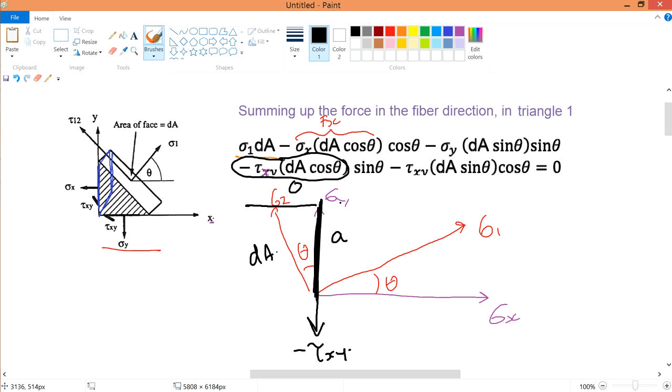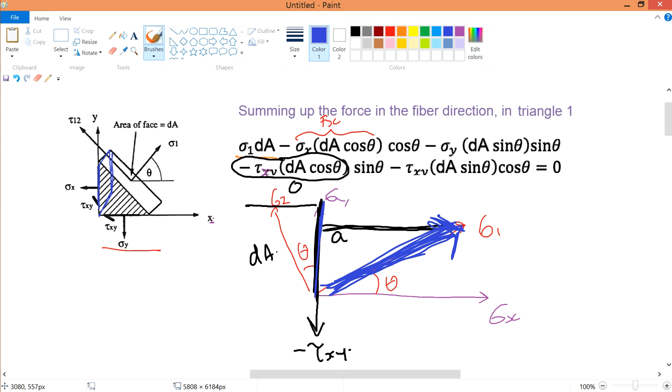And you are required to find this, maybe in blue color. You are required to find this portion of the force.